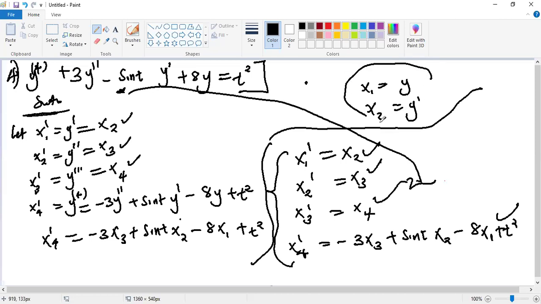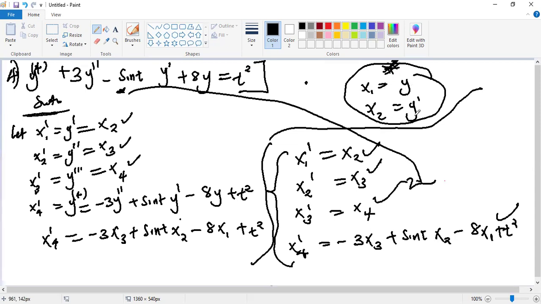This is what we've been using all along, our new variables. But now since we are having up to the fourth order, we will need 4 new functions. So that's why I've started from here. x1 bar is y bar, x2 bar is y double prime, x3 bar is y third prime, x4 bar is y fourth prime. That is if we start generally from here.